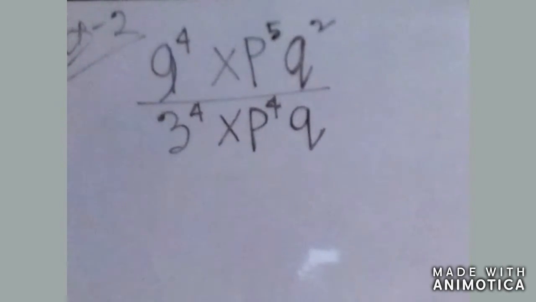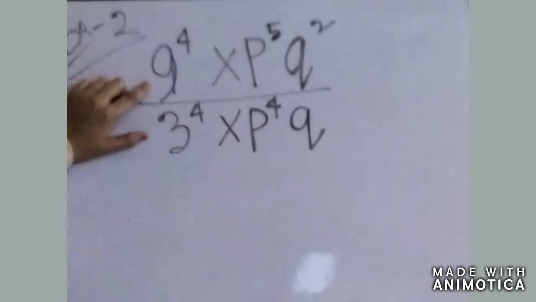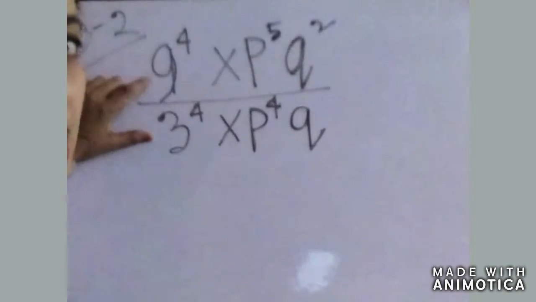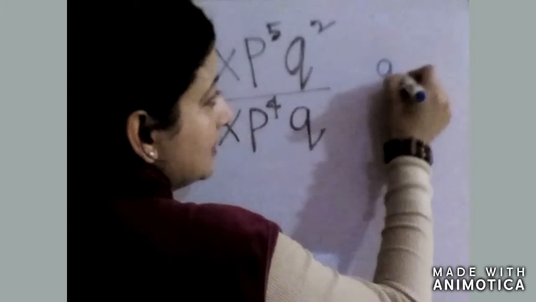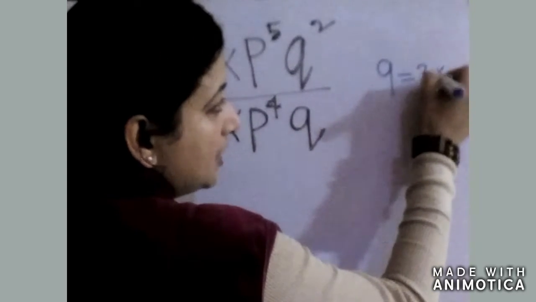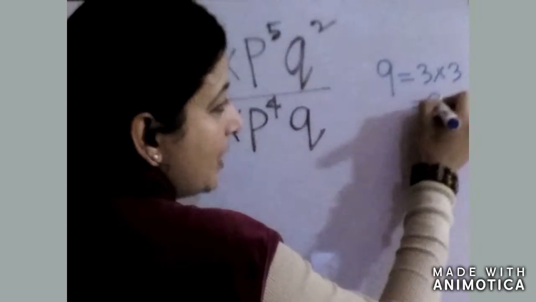In this case, first we have to keep in mind that if there is a pure numeric number and the base number is not prime, then first we have to convert the base into a prime number. Now 9 is here. We know 9 means 3 into 3, which means 3 square.